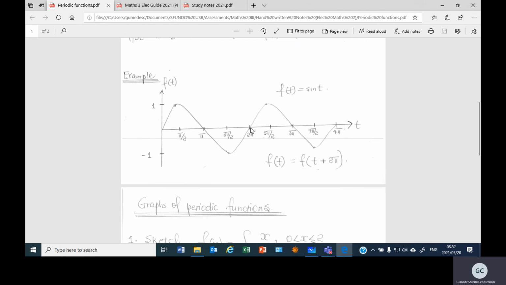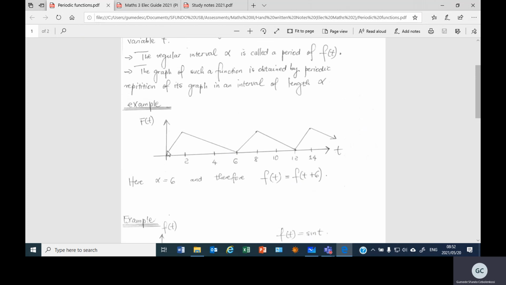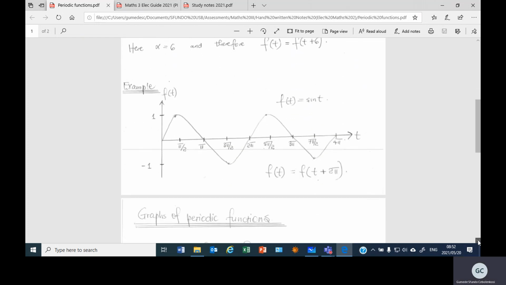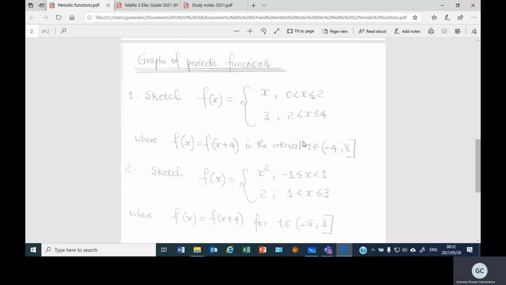But what I'm expecting you to do is this. Here I gave you a sketch of a function, and what you need to do is to check after how many units does a function repeat itself. But what I actually want you to do as an exercise here is that I will give you a definition of a function.